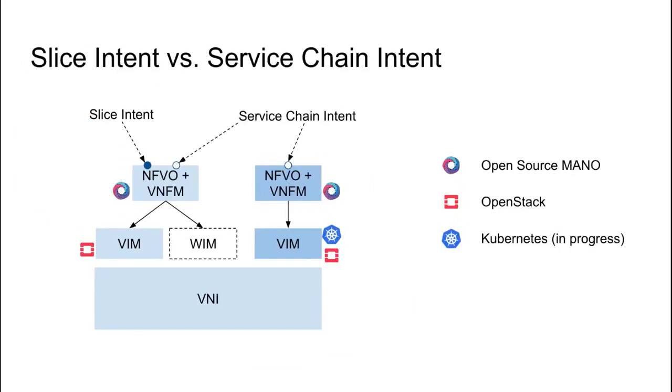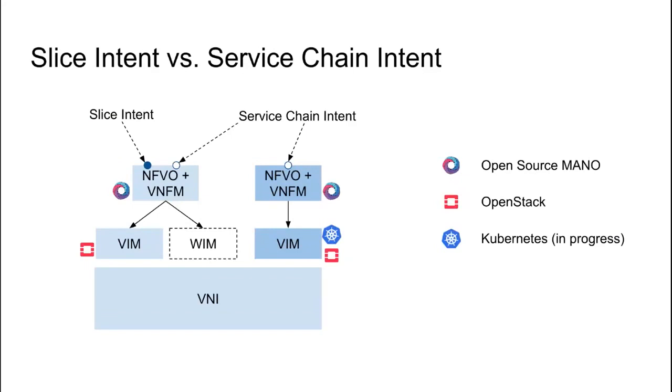Now, this idea of different levels for an intent, and the different ideas of having a slice intent and a service chain intent, we've been implementing it in some platform basically towards the NFV scenario.